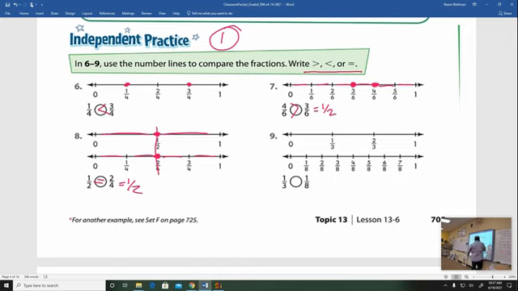Okay, now what about this one? Again, unlike denominators, but we have like numerators. Like numerators, but unlike denominators. So we have 3 parts here because the denominator is 3. We have 8 here, right? Because the denominator is 8. Which again means that the whole here is 8 out of 8. And the whole here is 3 out of 3, correct?